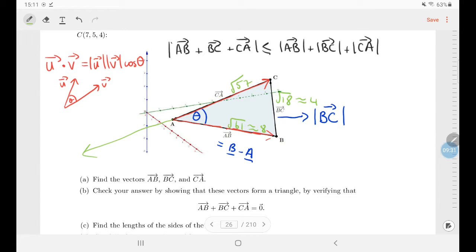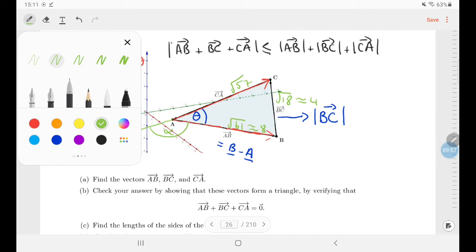So what you'll actually find if you're not careful, so this is the angle in between C to A and A to B, alpha is actually 180 degrees minus what you're looking for. So that's why I said you have to be careful there. It's the angle between A to C, which is going this way, A to C and A to B. Now we might write down something here that's also useful.